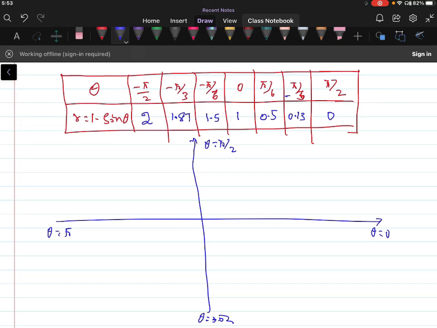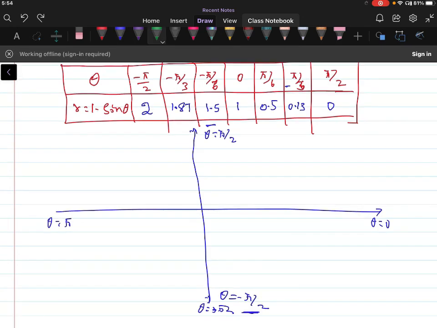When theta is measured in the clockwise direction, this is the negative y-axis, theta is equal to minus pi by 2. Plot the polar points in the plane. When theta is minus pi by 2, that is the negative y-axis, and r is 2 units, so let us take 2 units here.